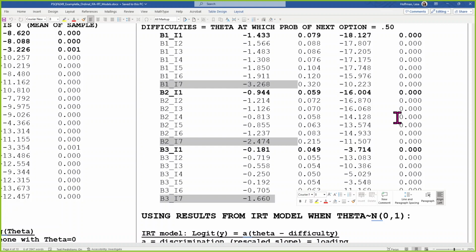So is item 7 easier or harder than the other items as a task, if its difficulties are more negative? Easier. A more negative difficulty means easier. It does not take much trait to be able to do this item, and each of these levels of being able to do it, I should say.